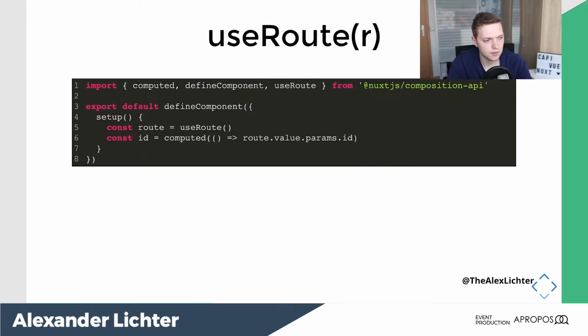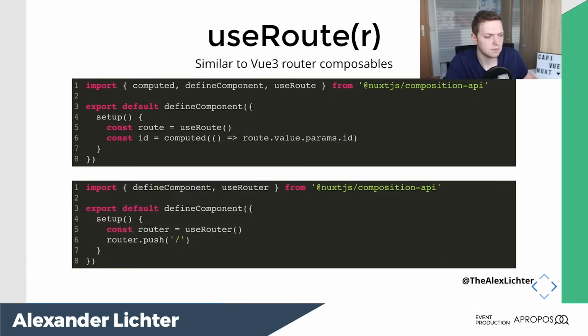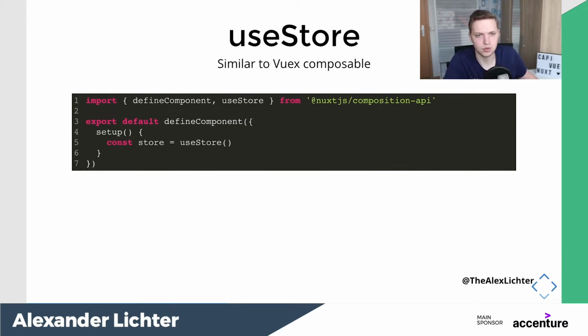So what we do in our setup function is, again, const route equals useRoute, and then we can use a computed property to get the ID parameter from our URL. That's pretty similar to the Vue Router composables, I'd say. And the useRouter option is also there to use router.push, router.replace, and so on. So that works quite well too.